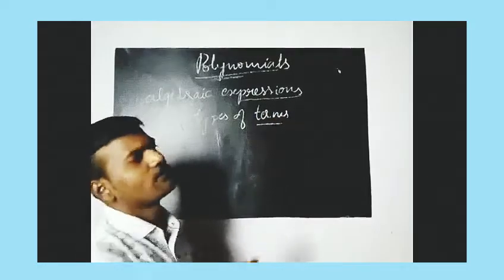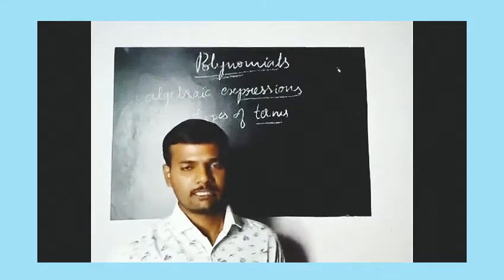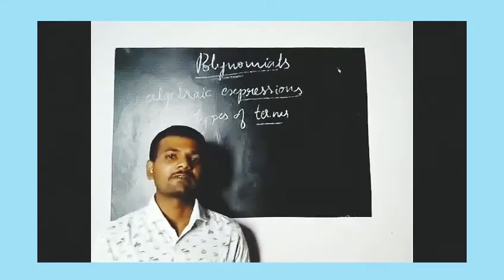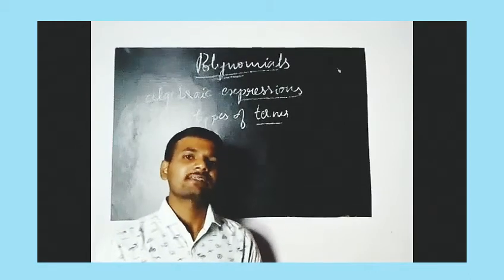There are two types of terms, which are like terms and unlike terms. Like terms means the terms which have the same variable and the same exponents.